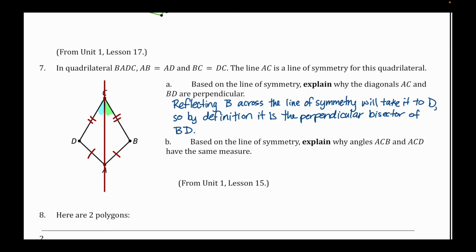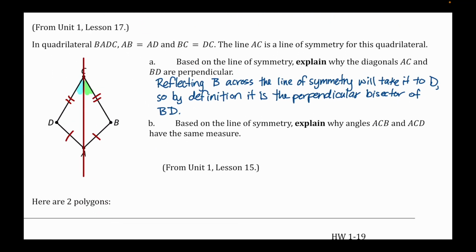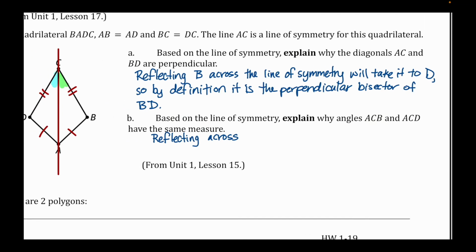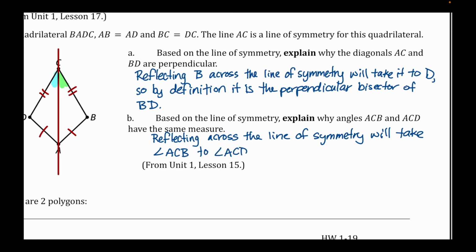So we will say, whoops, reflecting across the line of symmetry will take angle ACB to angle ACD.